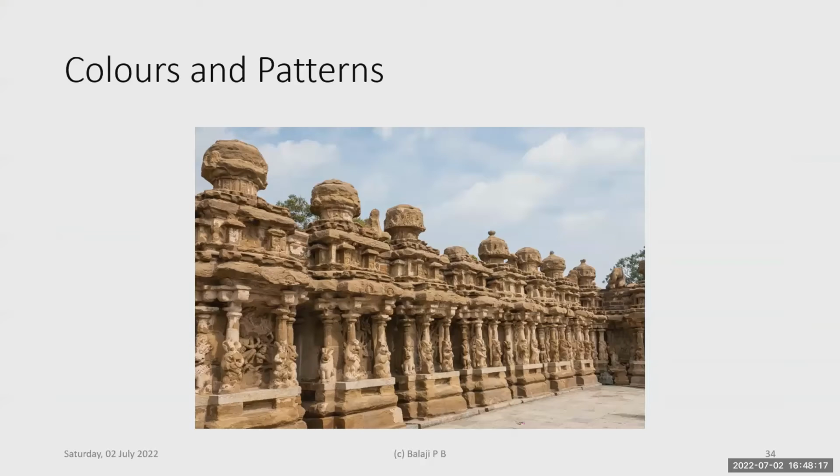I think the final aspect which I want to cover is to always look for interesting colors and patterns. This was photographed in Kailashanathar temple in Kanchipuram near Chennai. This is, I think, one of the oldest Dravidian style stone temples available in Tamil Nadu.